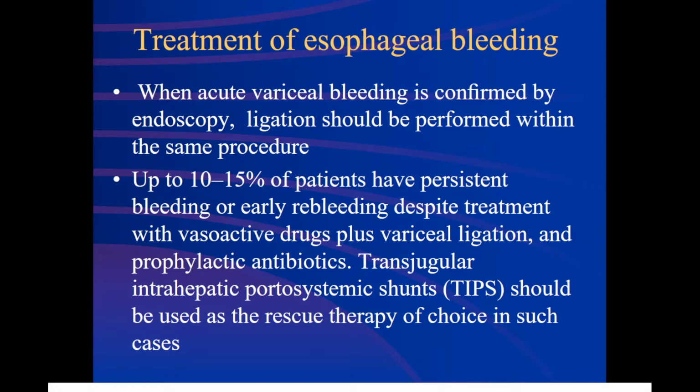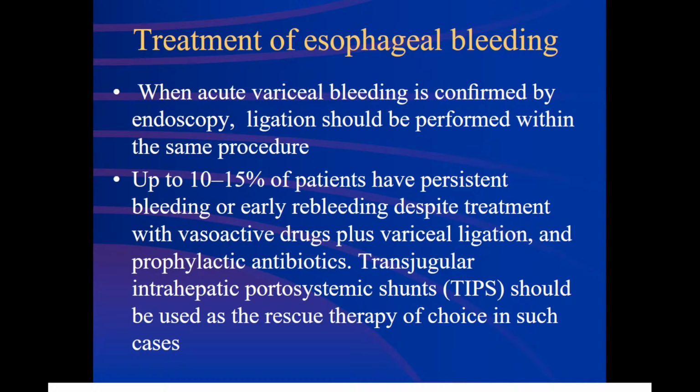Up to 10-15% of patients have persistent bleeding or early rebleeding despite treatment with vasoactive drug plus varicose ligation and prophylactic antibiotics. Transjugular intrahepatic portosystemic shunt should be used as the rescue therapy of choice in such cases.